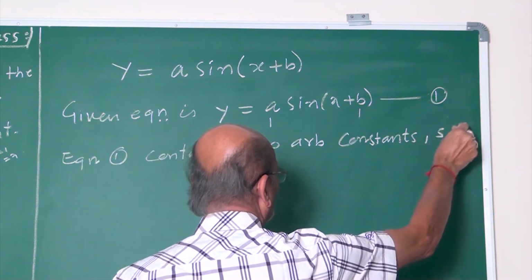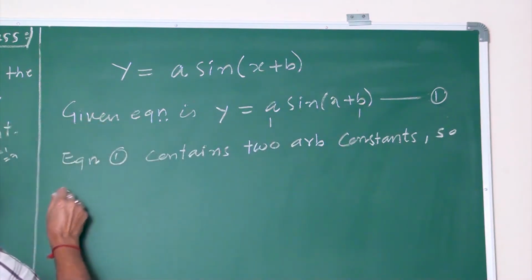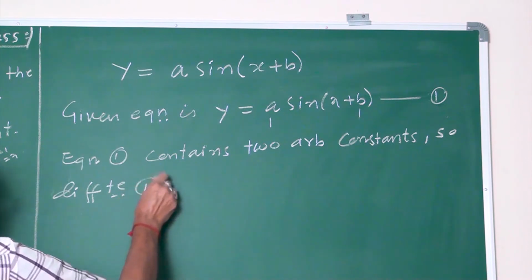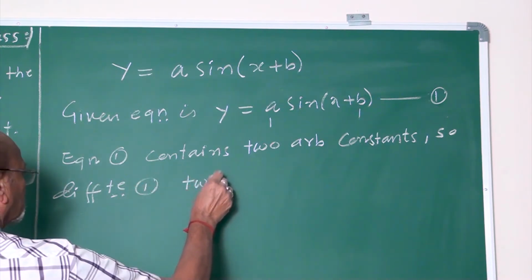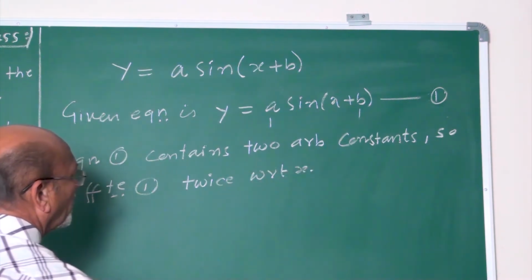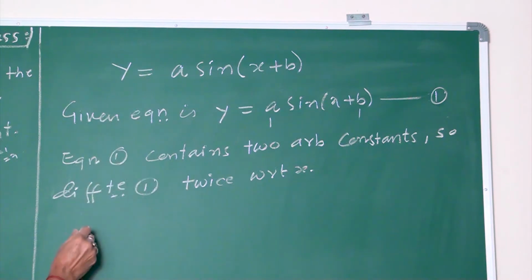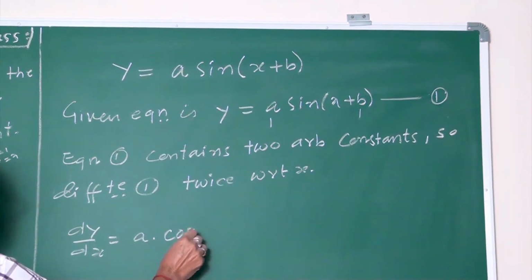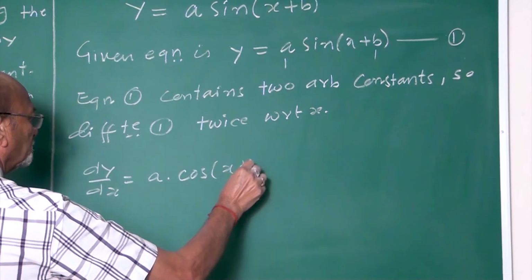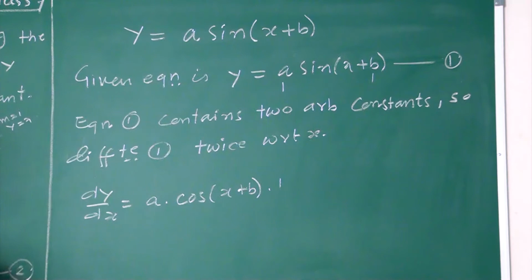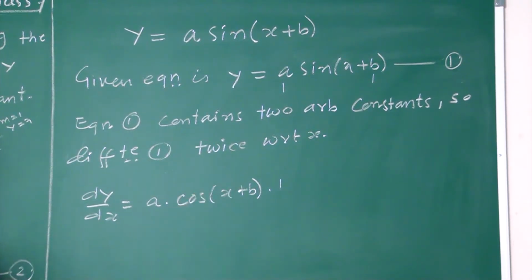So differentiate equation 1 twice with respect to x. Differentiating once, dy by dx equal to a into cos(x plus b), since the derivative of sine is cos, and the derivative of x is 1, the inner derivative of the angle.